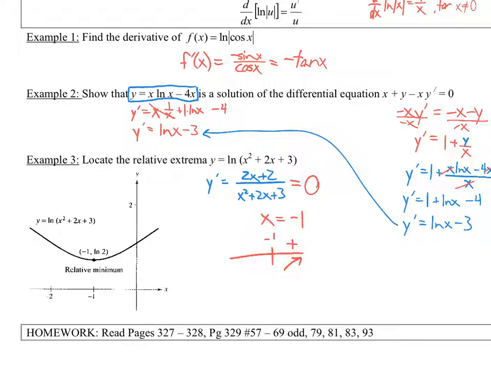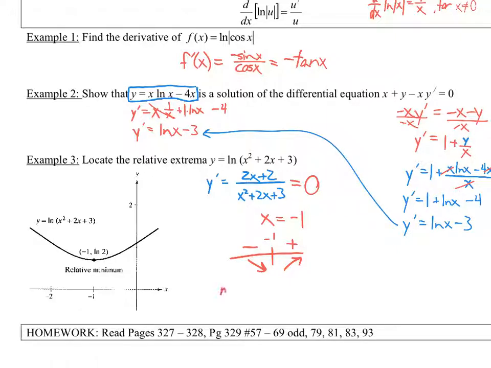Negative divided by positive is negative. So we're decreasing here, we're increasing here, so by what theorem, or by what rule is negative 1 a min? The first derivative test. By the first derivative test, we know that there's a minimum point at negative 1.